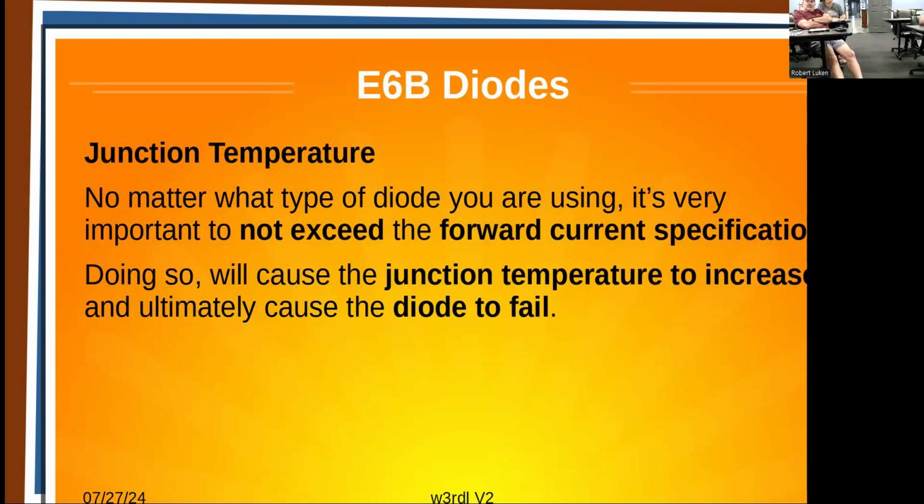And one of the things about silicon devices and all the semiconductors made out of them is, since silicon isn't really a metal, it behaves differently than a metal. If you increase the current through a metal conductor, the resistance goes up, and it heats up because you've got more resistance. In the case of a silicon device, it's just the opposite. The resistance decreases as the temperature goes up.